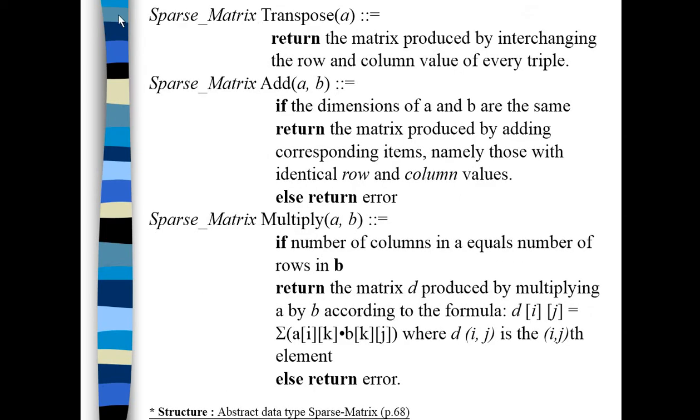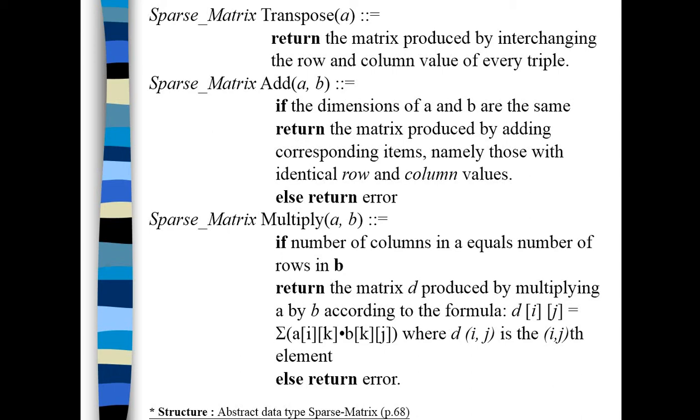The second function which you can possibly use is the transpose function. The row values become column values and column values become row values, so that function also you can write. The next one is adding two sparse matrices.